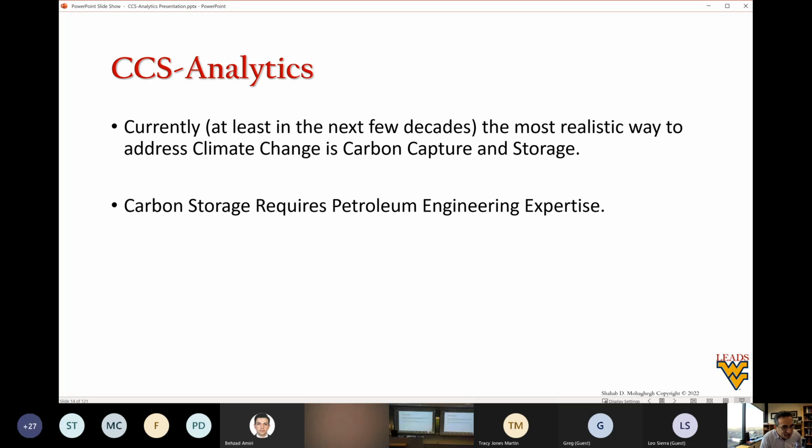That's one of the major characteristics that I would like to communicate to you: why petroleum engineering, specifically reservoir engineering, is incredibly important right now in addressing climate change. And that is through carbon storage, which we will be talking about.